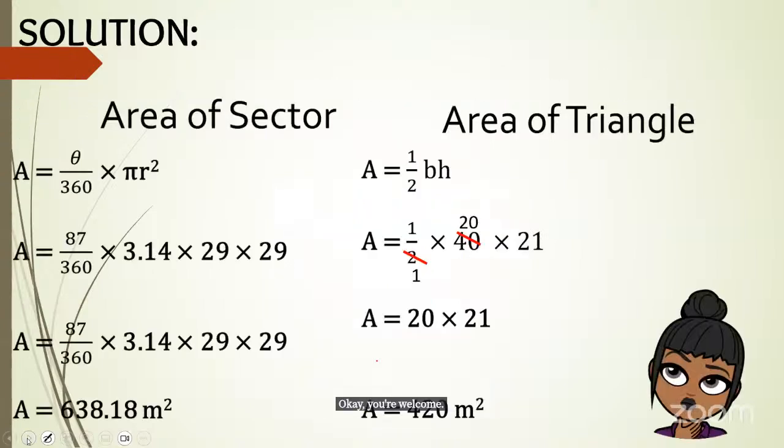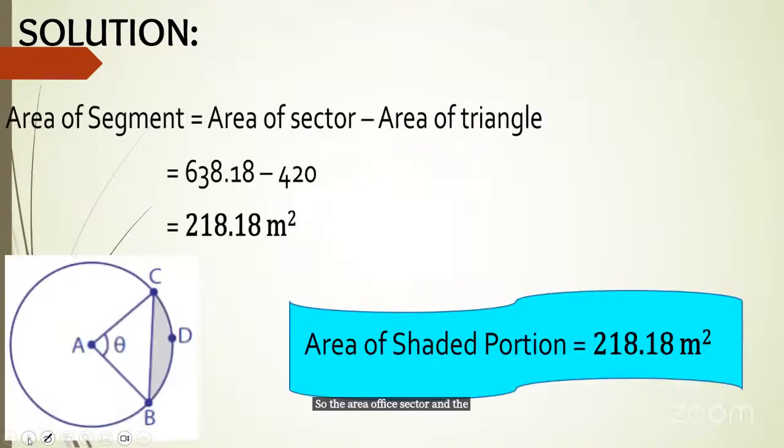So the area of the sector and the area of the triangle that we found, and then for the area of the segment, we would take the 420 from 638.18, and we would have gotten 218.18 square meters for the area of the shaded portion. Now, this was the easy part.